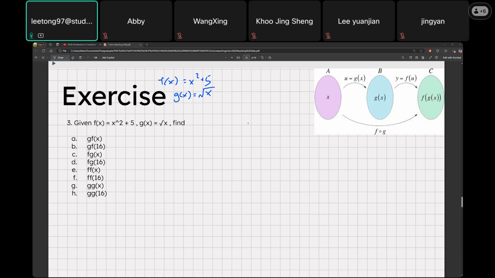Okay, let's try this. g(f(x)). Okay, we look at f(x). What is f(x)? x squared plus 5.